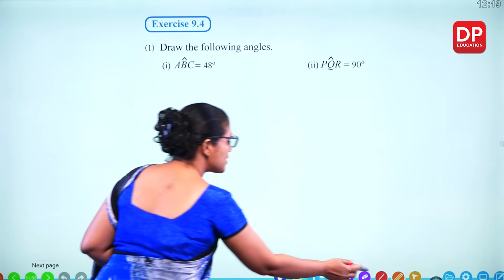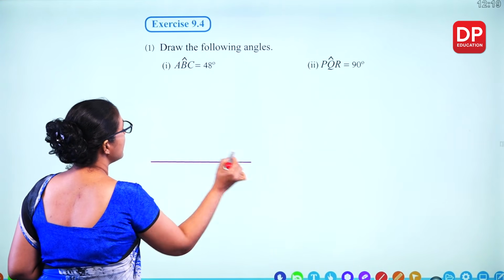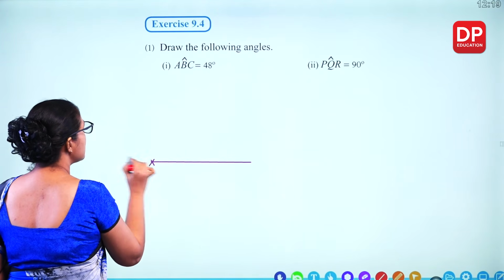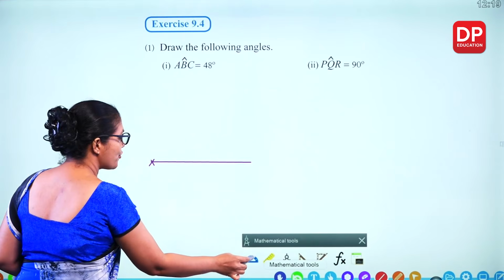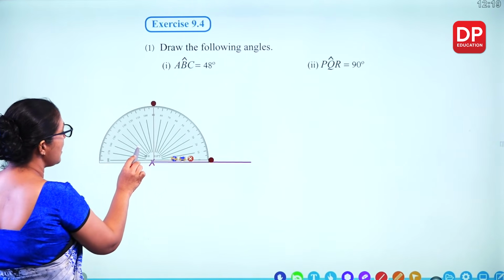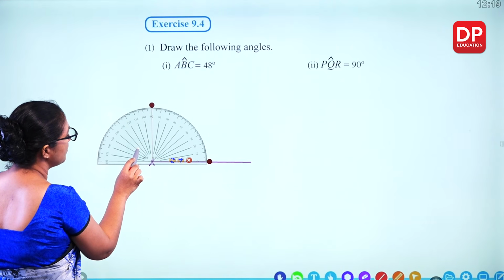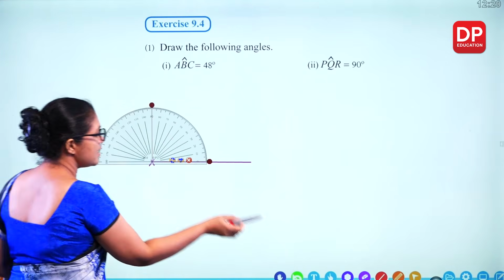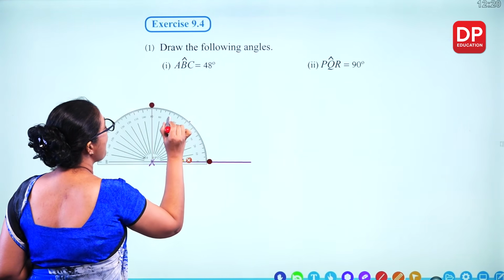Exercise 9.4. Draw the following angles. A 48-degree angle. So what is the first step? You need to draw a line and mark the point. So we'll mark it here. That's the B point. Then take the protractor, keep this point on the origin and measure 48 degrees. 48 is here.